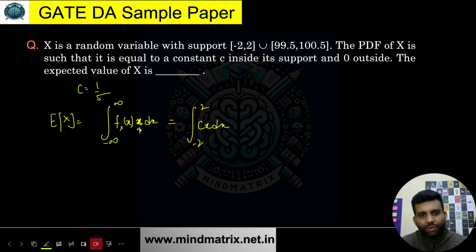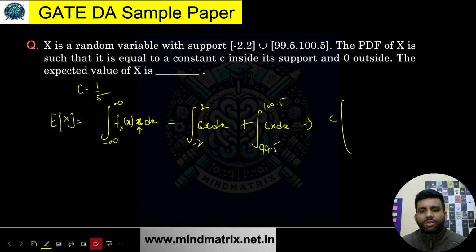This x is the expected value we are going to calculate, plus again cx dx from 99.5 to 100.5. I hope you can calculate this thing. This is very easy. Just take out c common, and then you'll get x square by 2 from minus 2 to 2, plus again x square by 2 from 99.5 to 100.5.